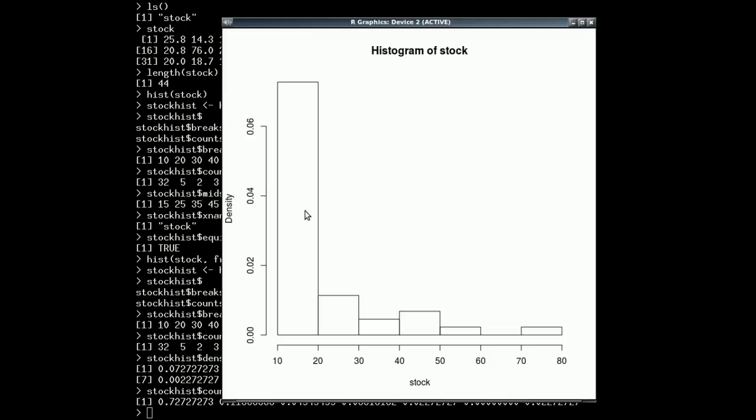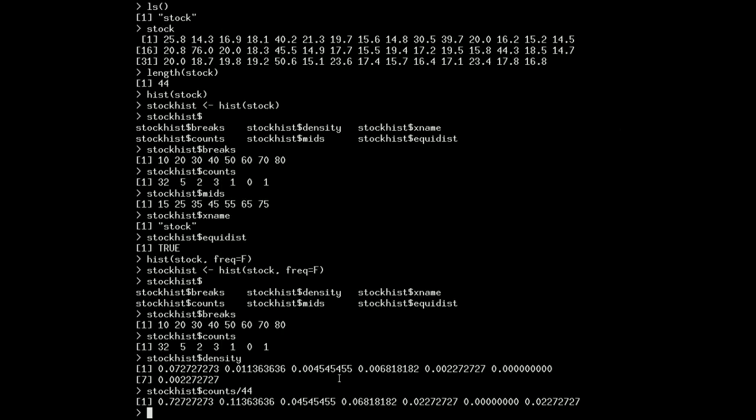So for the first rectangle, we would have a height of 0.0727273. And then, if we take the height of that times the length of the base, well, the length of the base is 10. So 10 times that height, sure enough, does give us our frequency of points inside that particular bin. And so that's why those values are going to be a factor of 10 different than our frequency of counts that show up in that bin.